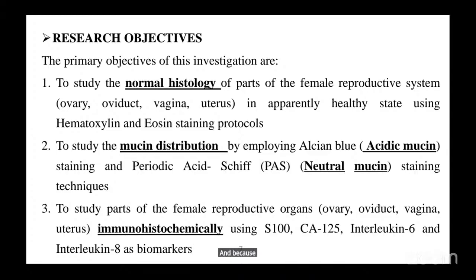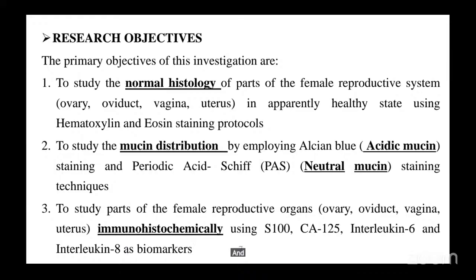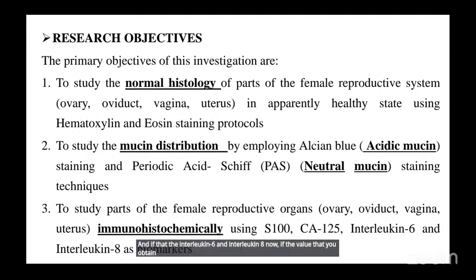I wanted to know if the value you obtained in the animals you studied is lower than what you came across in literature, or higher, and if the values of interleukin-6 and interleukin-8 that you obtained in the animal are of benefit to the animals.